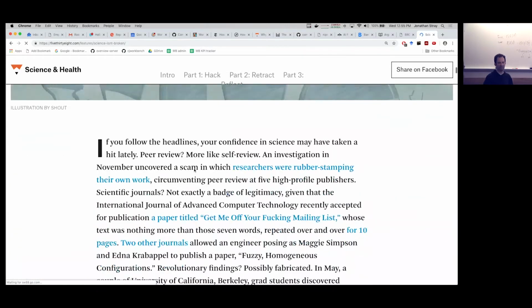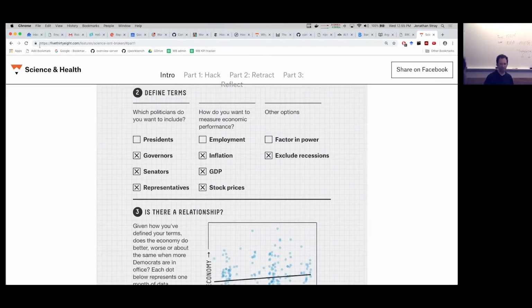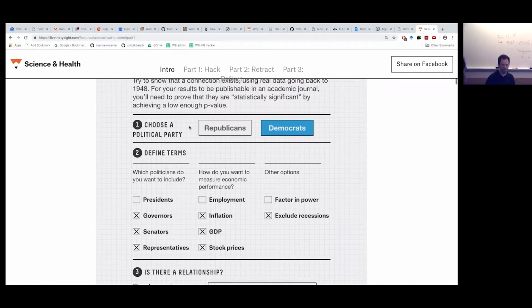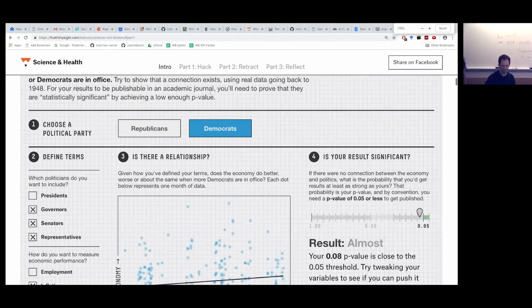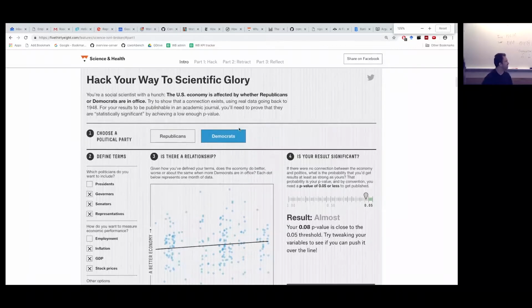And p-values were supposed to prevent this, so why isn't it working? Here's a lovely little interactive from a long story called Science Isn't Broken, which demonstrates the issues with using statistical significance as a test.